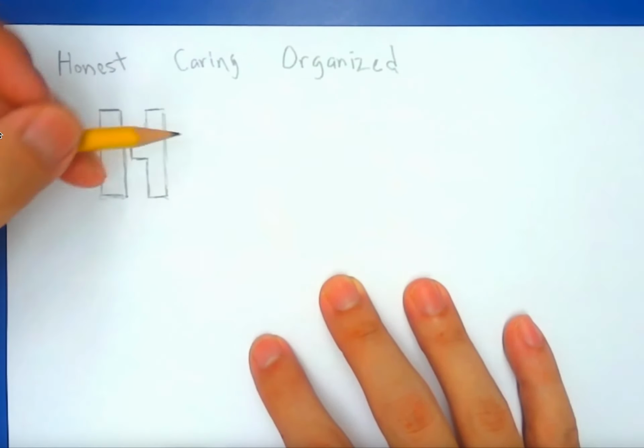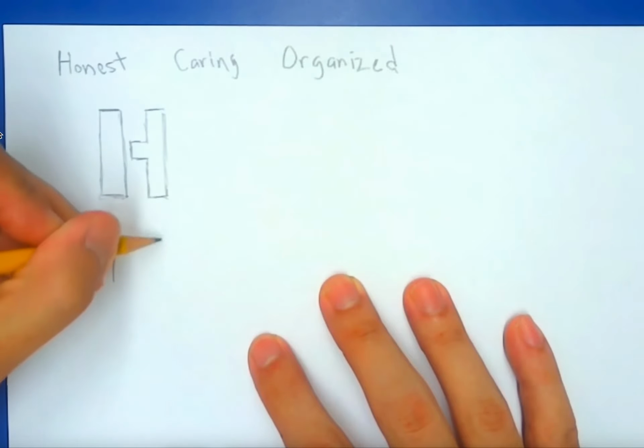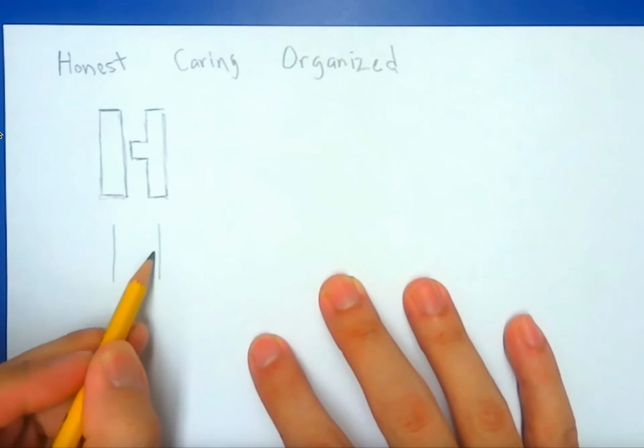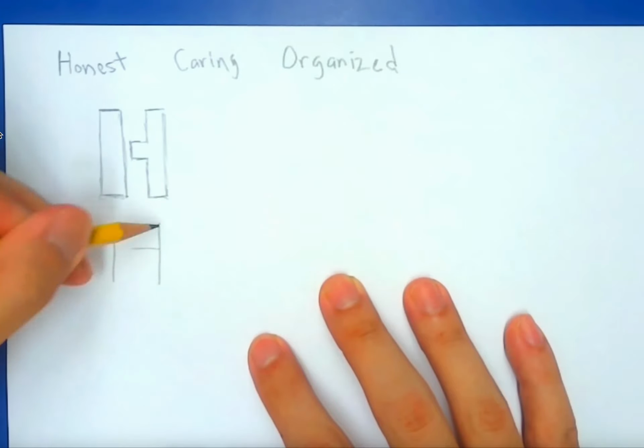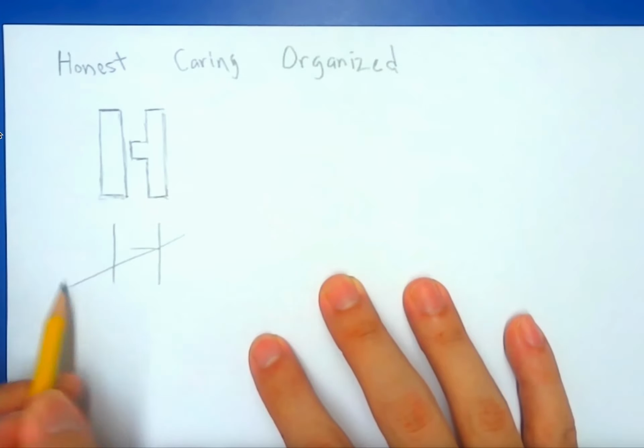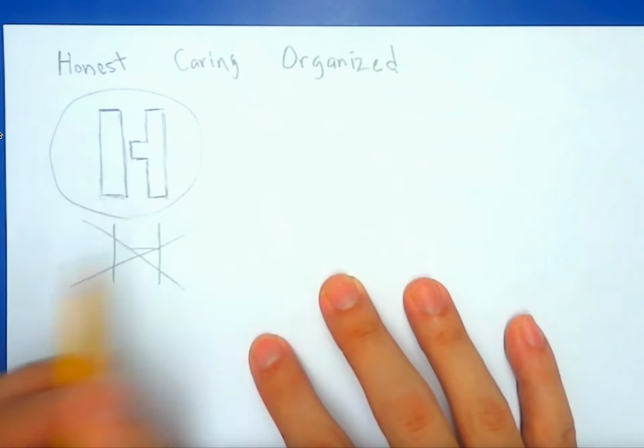So it can't just be lines. Because if it were lines, it would look something like this. But this is a no-no. You have to do block letters.